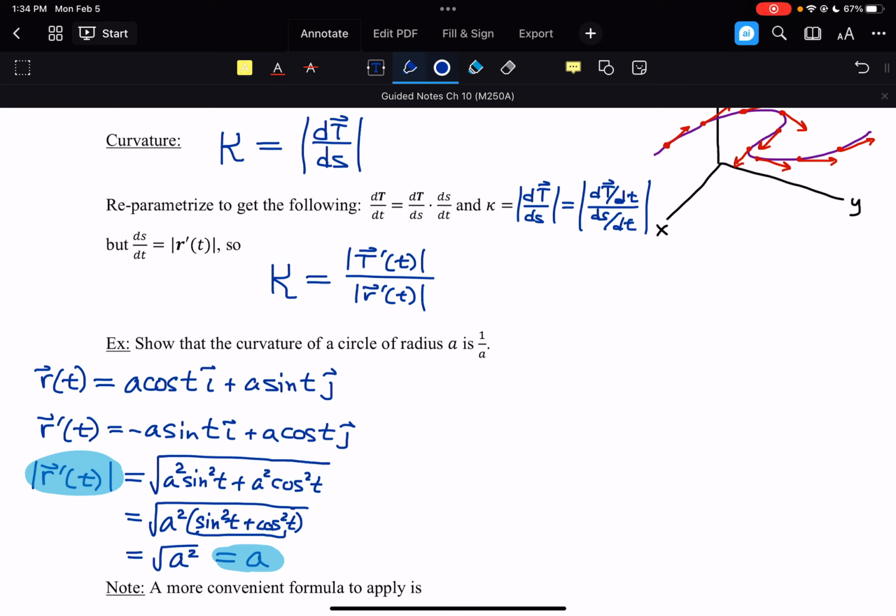And we also need the unit tangent vector. So now we have the tangent vector, and we have the length of the tangent vector. So those are the pieces we need, actually. So T of t, this is r prime over the length of r prime.